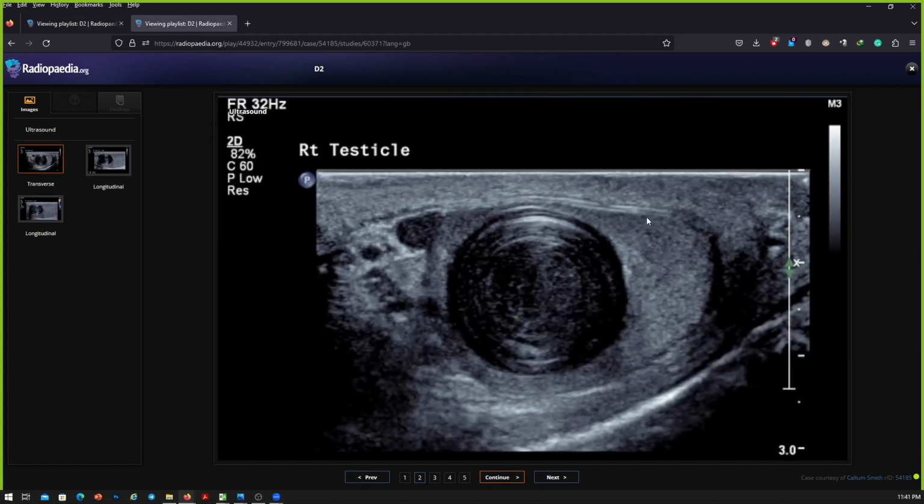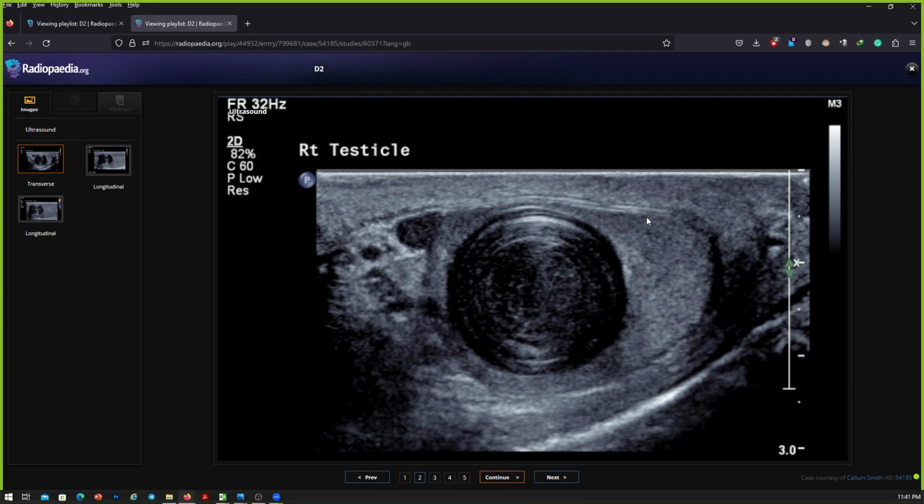Okay. Describe this image. Okay, this is an ultrasound scan for the right testicle, showing evidence of an intratesticular mass, which shows alternating echogenic bands or circles. The mass is well defined, rounded, seen inside the testicle with no extension outside it.